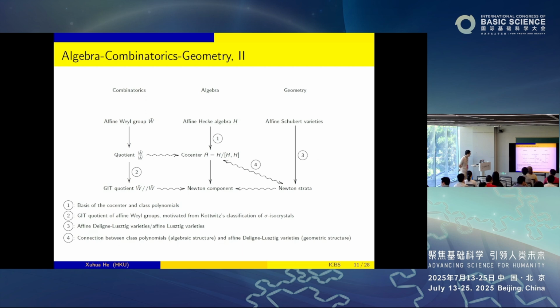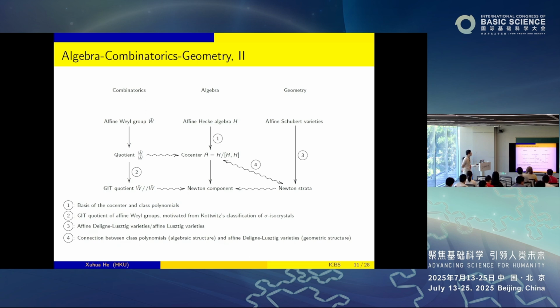The affine Deligne-Lusztig varieties were mentioned in yesterday's talk by Xinwen, and there is a similar analog, but a more complicated one, the affine Lusztig variety. Part 4 is also quite interesting.